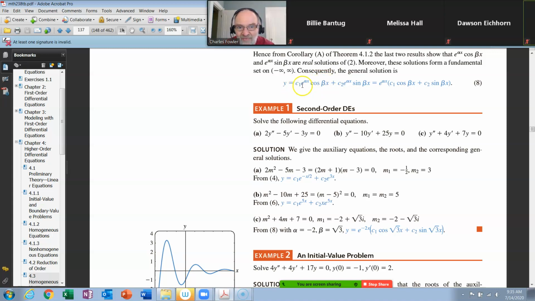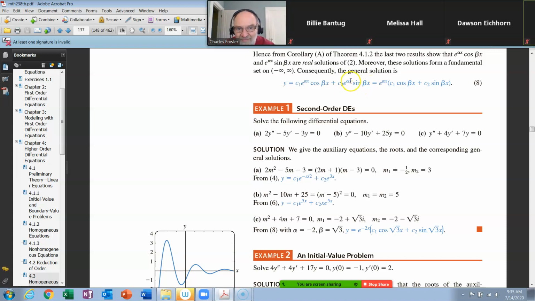And you wind up with c1. Now this is a little c, not the same c as before, and this is an arbitrary coefficient now. You don't assume anything here. Any coefficient, e to the alpha x cosine beta x plus c2, some other arbitrary coefficient, e to the alpha x times sine beta x.